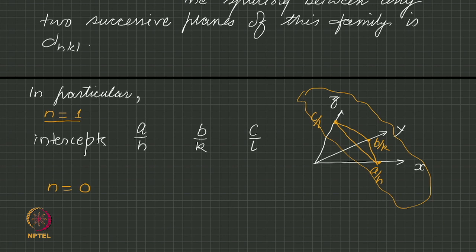Now, if I take n equal to 0, you will get all 3 intercepts as 0. That means that plane will be passing through the origin, and we will draw that plane passing through the origin, but parallel to this original plane. So, now these two planes are spaced by some distance, and that distance is what we will call the d spacing.